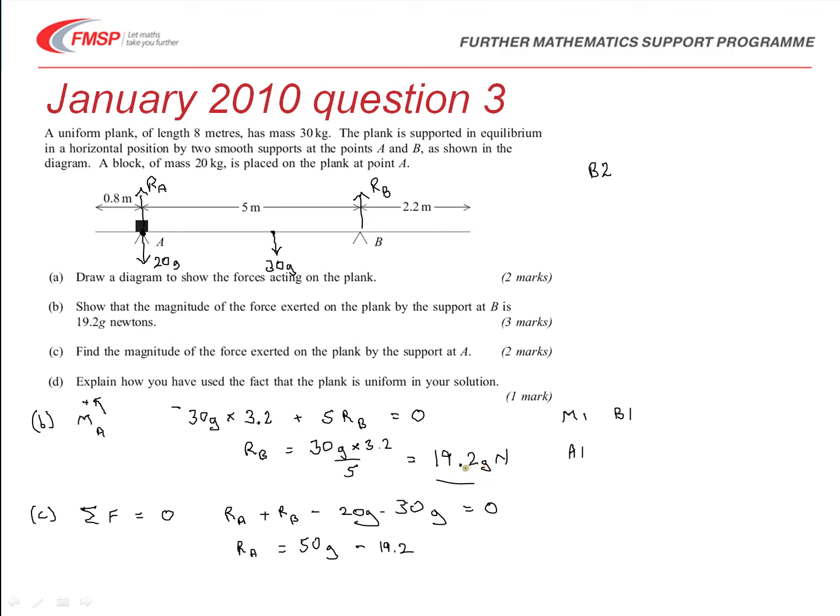Said one thing, wrote another. And so this is 50g minus 19.2g, which will give you 30.8g newtons as our answer.